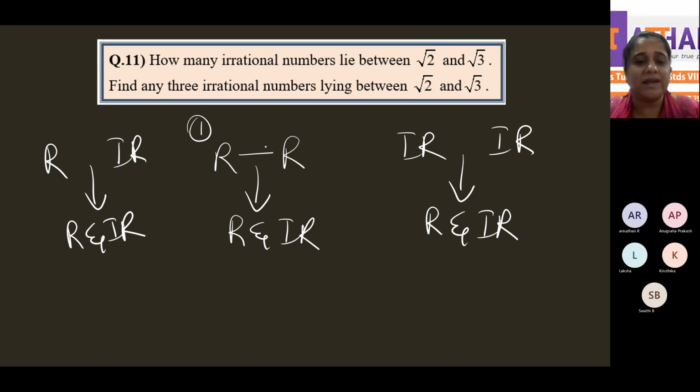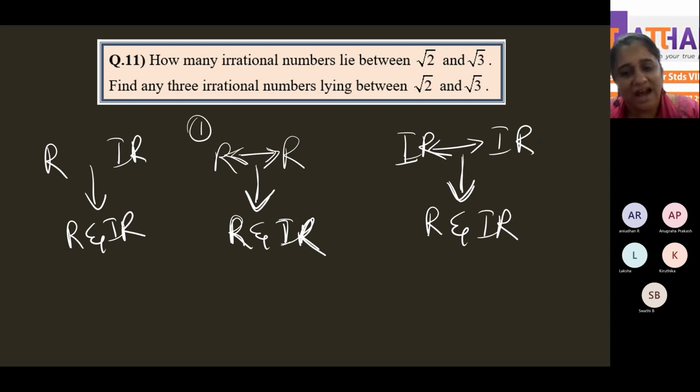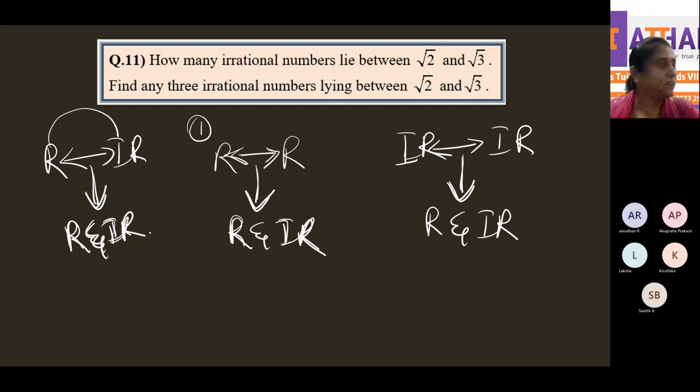Look at this one. Between any two rational numbers, there are infinitely many rationals as well as irrationals. Between any two irrational numbers also, there are infinitely many rationals and irrationals. Between a rational number and an irrational number also, there are infinitely many rationals and irrationals.